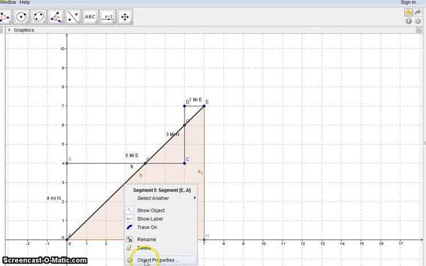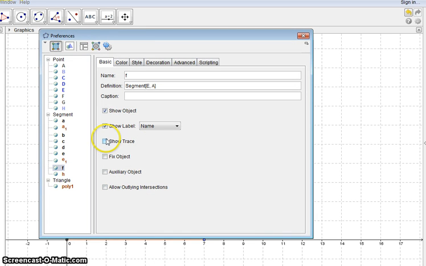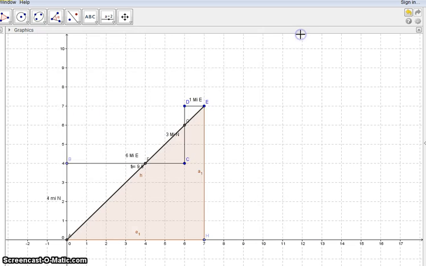If we just add the segment and say show name and value, we're looking for something equivalent to 7 square root 2. And let's see if we got that from GeoGebra. We did, yep. F is 9.9, that's equivalent to 7 square root of 2.